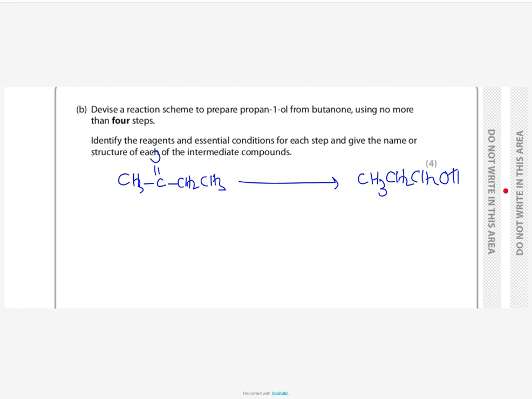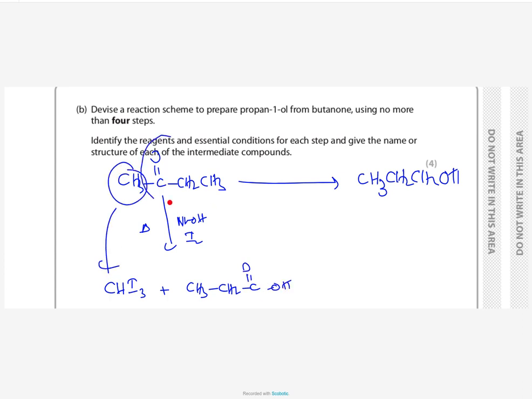As you add NaOH, iodine, and warm, you get iodoform, CHI3, triiodomethane, and you get a sodium salt of carboxylic acid, which is, in this case, propanoic acid. This part gives the iodoform, the other part gives the sodium salt of the carboxylic acid.